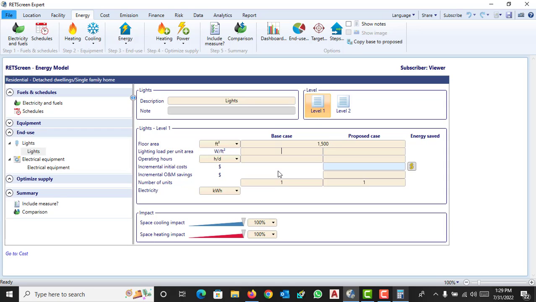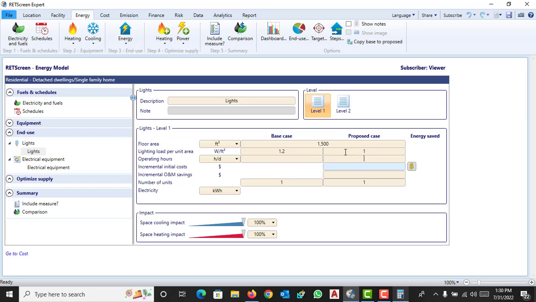And if you want to reduce the energy consumption by switching from fluorescent toward LED lights, you must know the watt. Let's suppose in my case I'm consuming 1.2 watt per square foot, and I want to reduce it, so I'm going to switch toward LED lights that consume less energy.